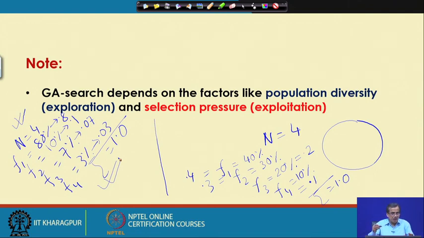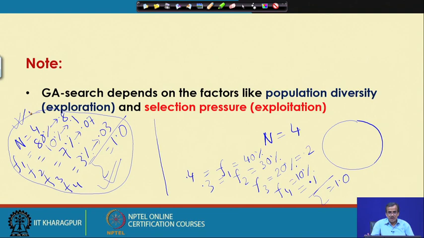So, if I use proportionate selection for that problem, I am going to face premature convergence and less diversification. For this type of problem, proportionate selection or roulette selection may work in a better sense, but it may not work there, because there will be more chance of premature convergence.